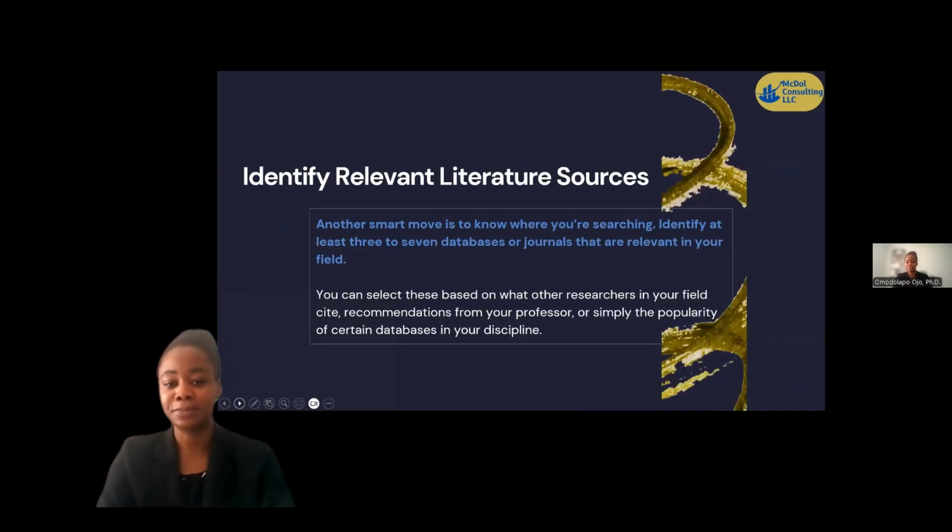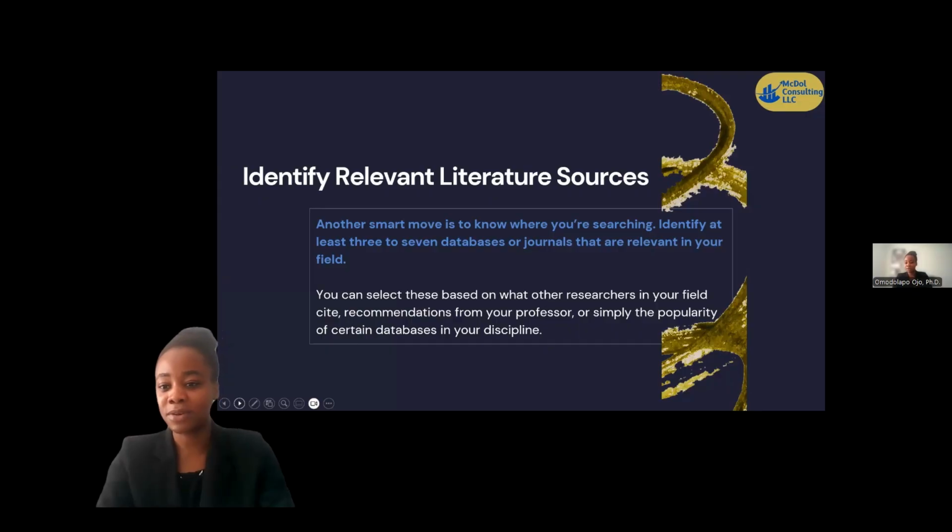Another step is identifying relevant literature sources. You want to get about maybe 3, 4, 5, 6, 7, and even more databases or journals that will be helpful to you. Oftentimes you ask yourself, how do I know which journal databases will be of help to me?